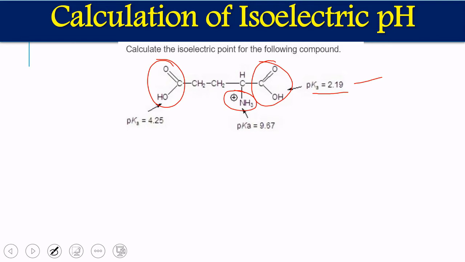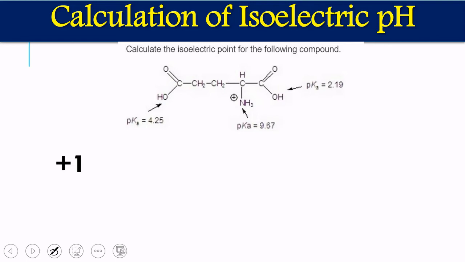First we put it at the lowest pH, lower than this 2.19. Whenever we decrease the pH to a very low value, the amino acid normally exists in a positively charged form.